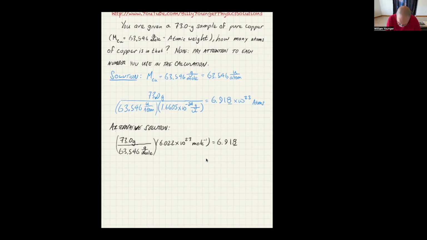I should have underlined it before, so I just did that now. 6.918 times 10 to the 23rd atoms. Atoms. Okay, because in this case, instead of Avogadro's number being just reciprocal moles, we could actually write it as atoms, since it was an atomic weight instead of a molecular weight, in which case I would have said molecules per mole.